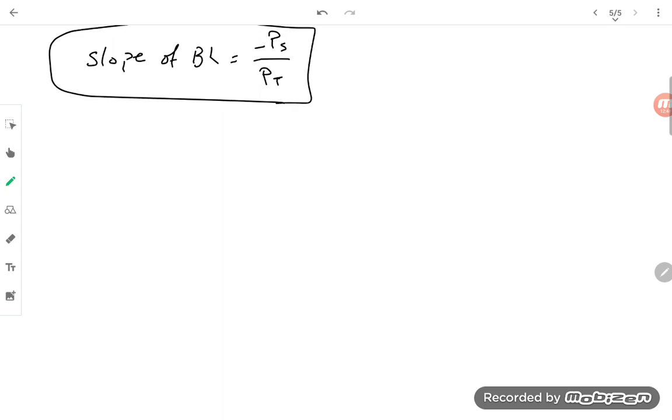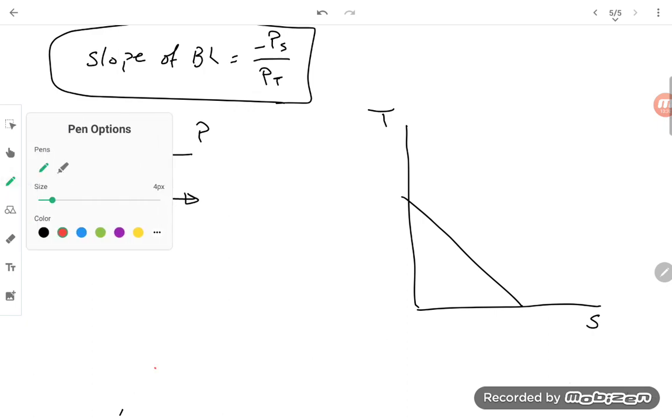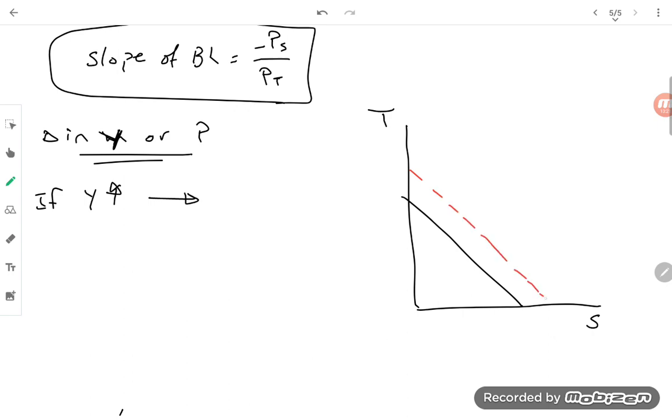What's going to happen if income changes or the price of one commodity changes? If Y changes, if there is an increase in income, people can buy more soybeans and textile. This is the old one. If Y increases, you can buy an additional amount. As a result, the budget line will shift to the right.